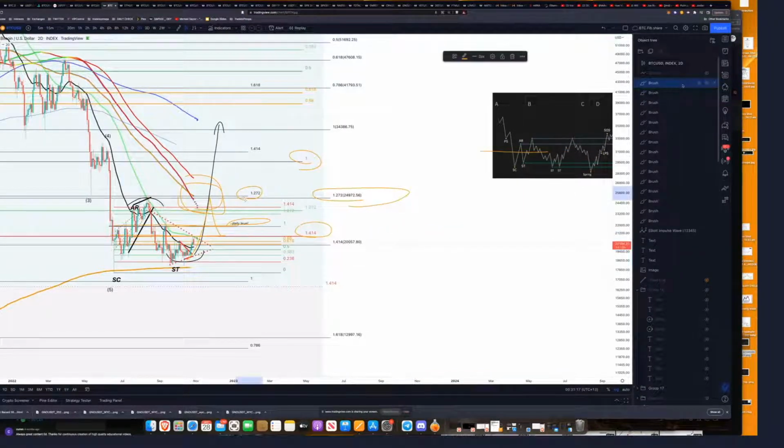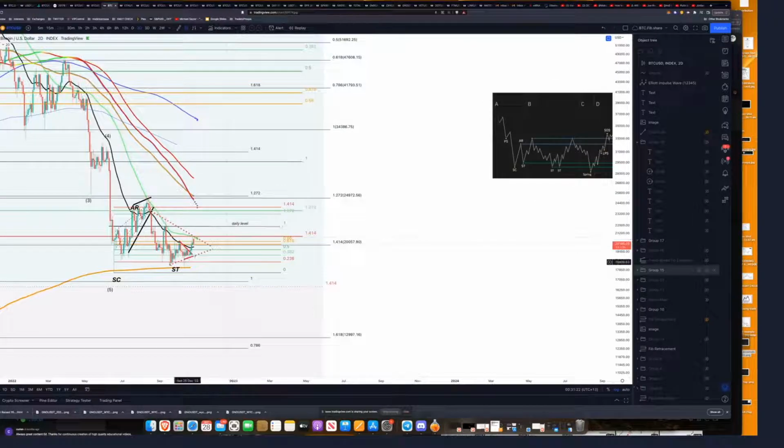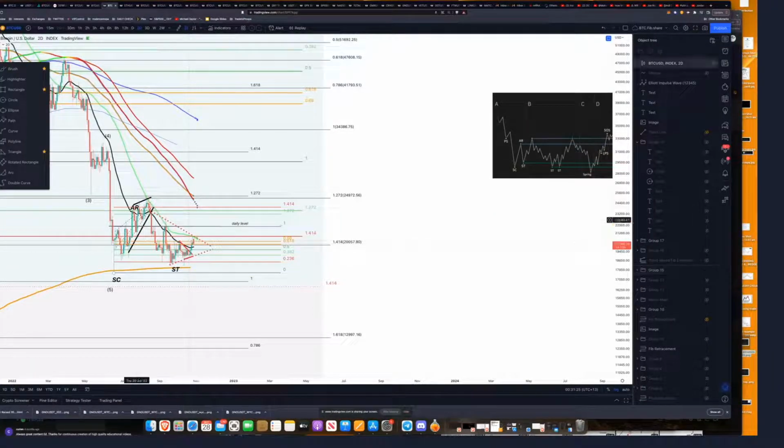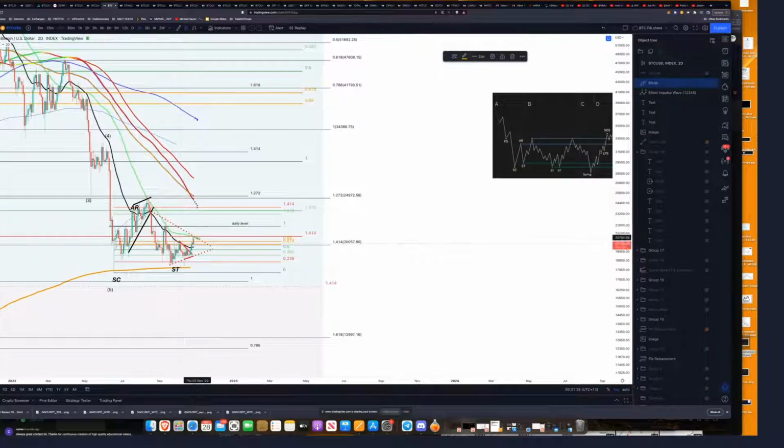I'll just clean this out. If we play this squeeze, so if this comes down again, this could be a squeeze as well.